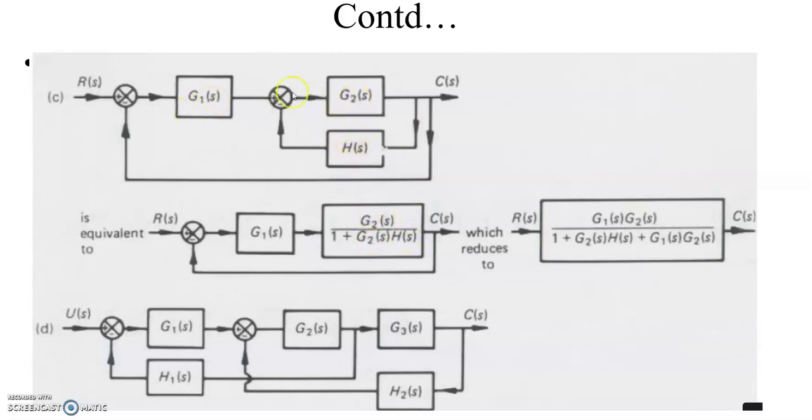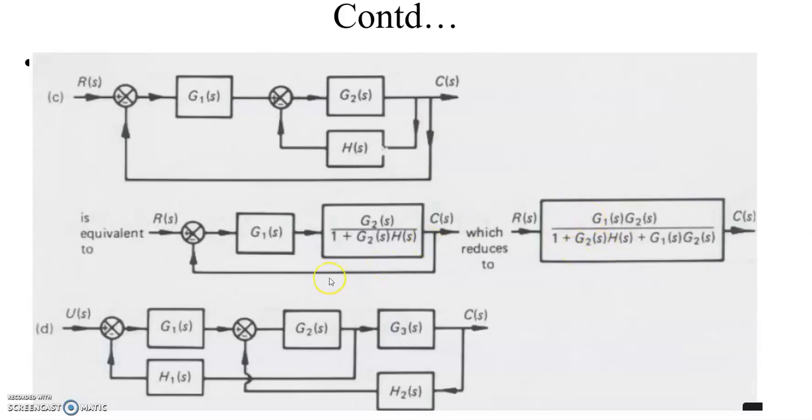After that, you can combine these two elements, which are in parallel, and then eliminate the feedback part, which is given by G1(s) G2(s) divided by 1 plus G2(s) H(s), plus G1(s) into G2(s).